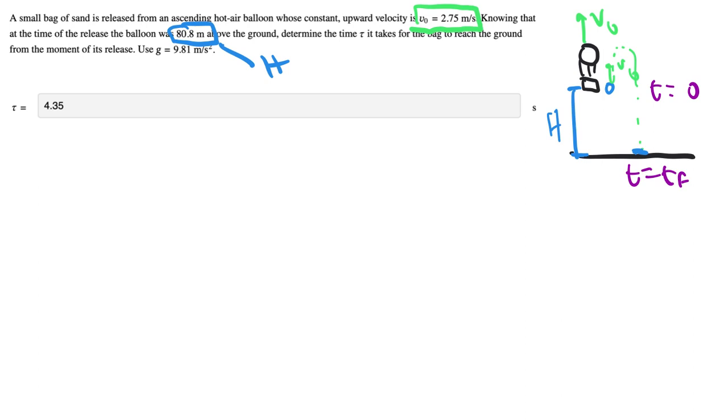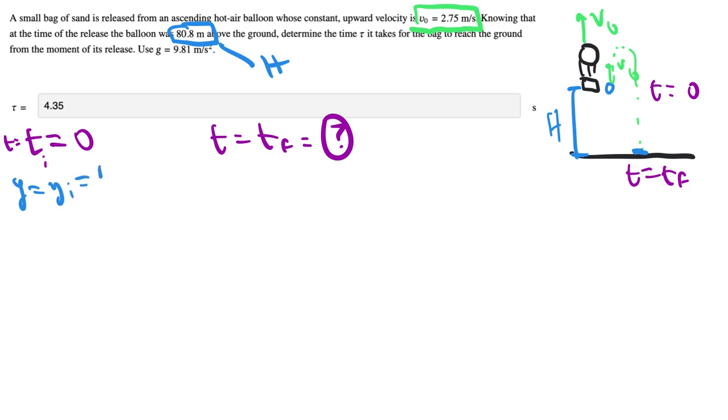All right, so let's take our variables and put them into some sort of order. So we start at t equals 0. T initial is 0, right? And t final is unknown and desired. And our original position is the height.